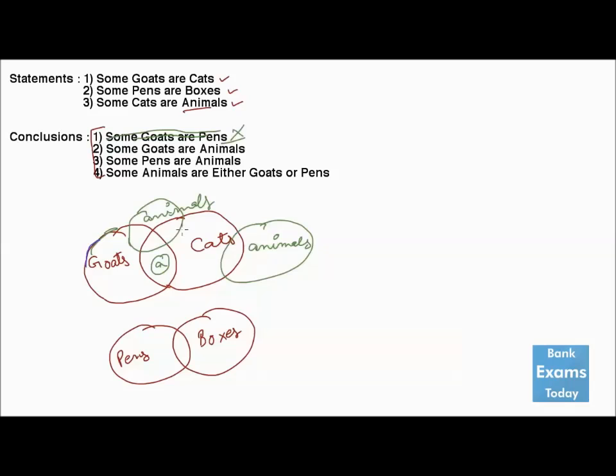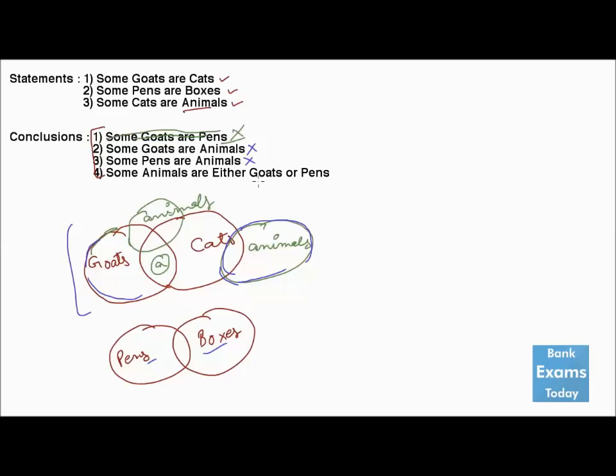But give a look to this circle. If this is the situation, so here are animals and here are goats, then the second conclusion doesn't follow. Some pens are animals. There is no relation between the pens boxes with this graph, so cut it out.